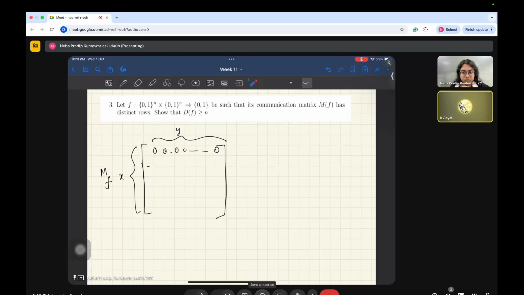So if I can show that this rank is somewhere around n square... No, no, rank is n. Because this is the lower bound, I guess, that d of f is greater than or equal to n. So it is sufficient to show that the rank of the M of f is greater than or equal to n. Is this equal to 2 to the n?